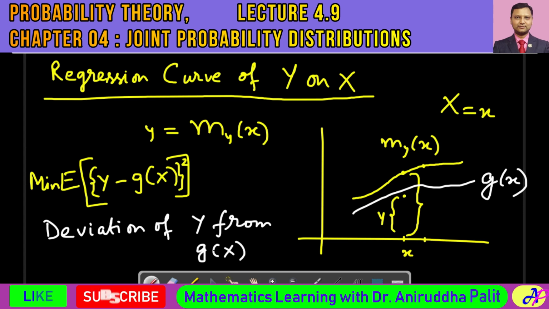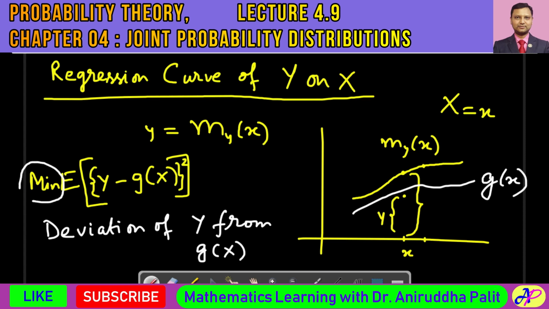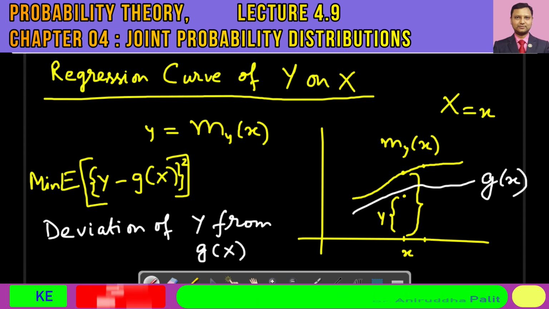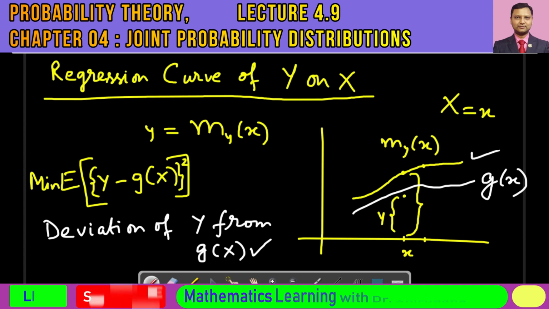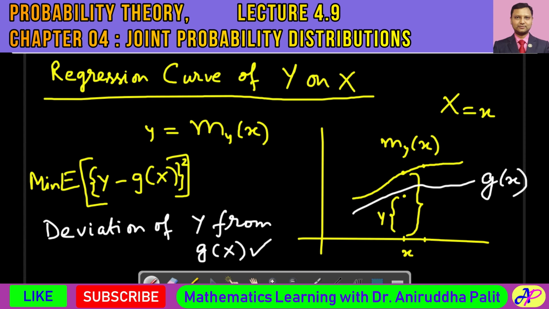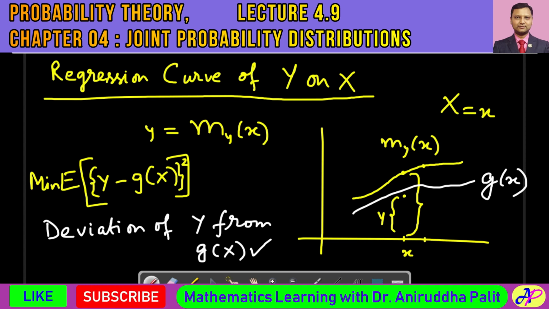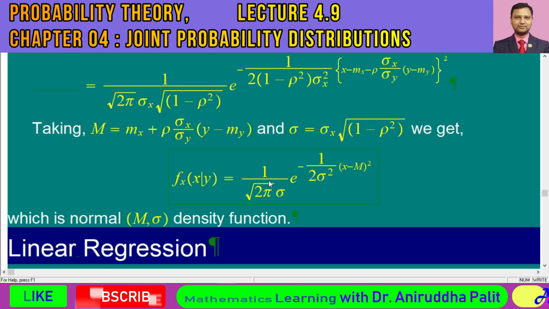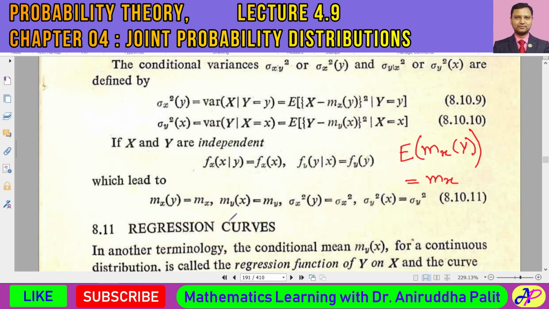This property says that this deviation would be minimum when this g of x becomes equal to this conditional curve of y on x. Alright, so this is the geometric interpretation of the property. That's why this property, what we have discussed so far, is called the minimum property.